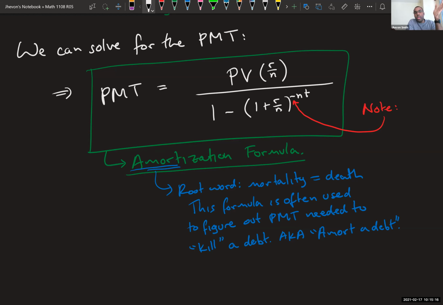If someone knows, hey, I'm going to lend you a certain amount of money now, I'm giving you a present value now, and I'm going to charge you a certain interest rate, here are the payments you have to pay me on a monthly basis in order to pay off that debt, right? To amort that debt. So it's called the amortization formula, and it's often used in that context most of the time. But you can use it in your own context, especially for things like max purchase price. We won't do an example of that today, but we will next time, and I will leave it in the notes for you to try ahead of time.